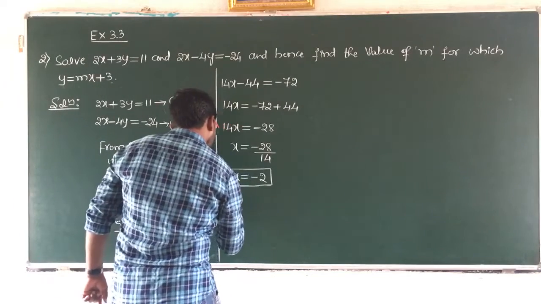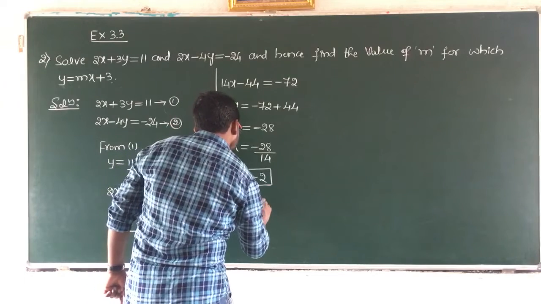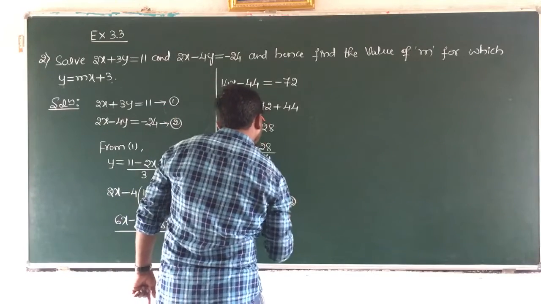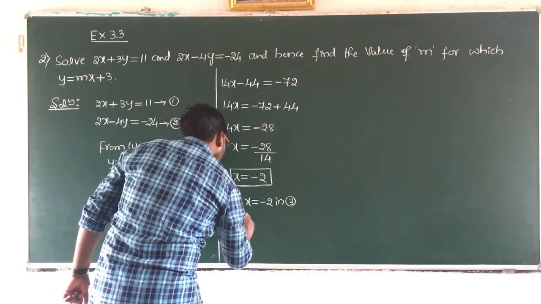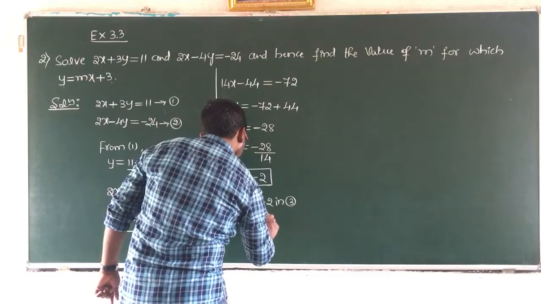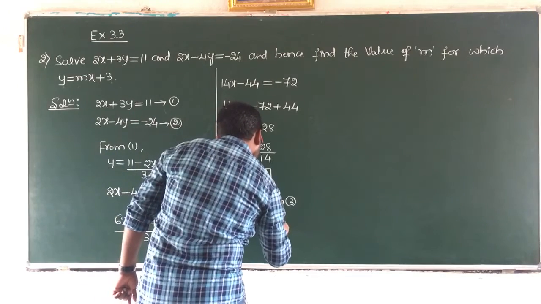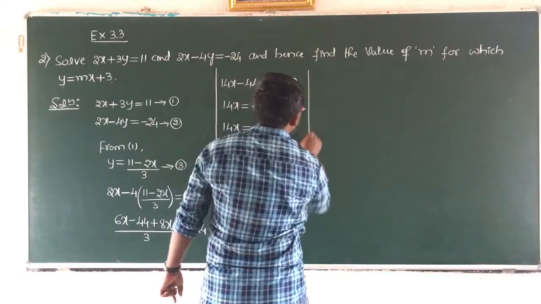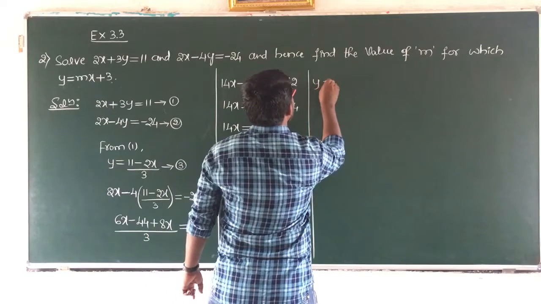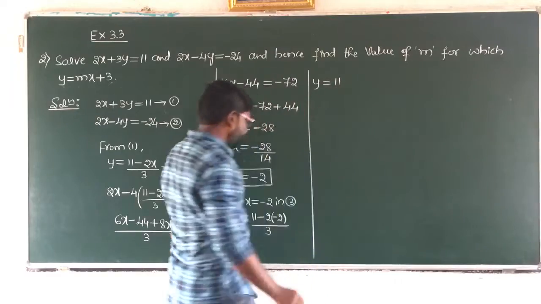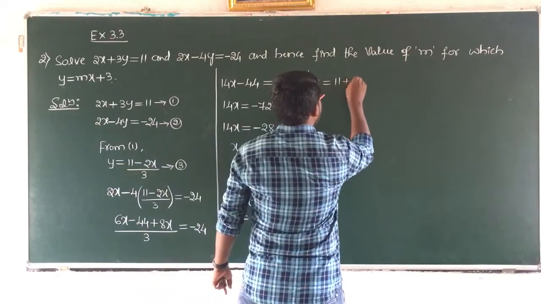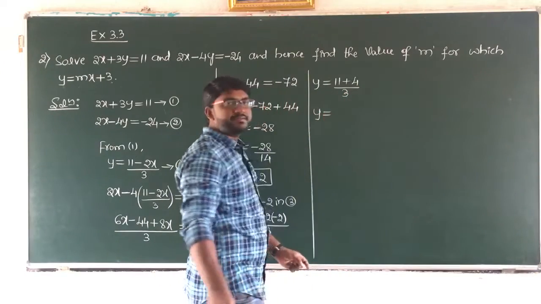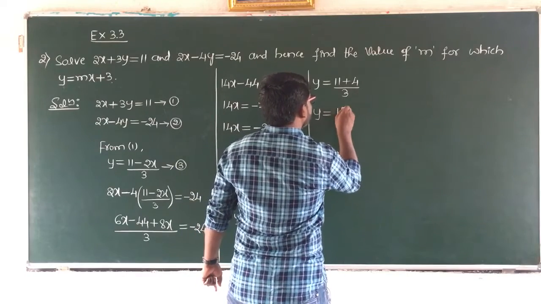So here put x is equal to minus 2 in equation 3, then y is equal to 11 minus 2, in place of x I write minus 2, divided by 3, then y is equal to 11 minus into minus, it is plus, we get 4, 11 plus 4 divided by 3, then y is equal to, so 11 plus 4, it is 15 divided by 3.